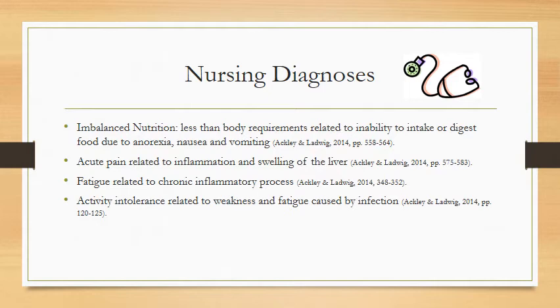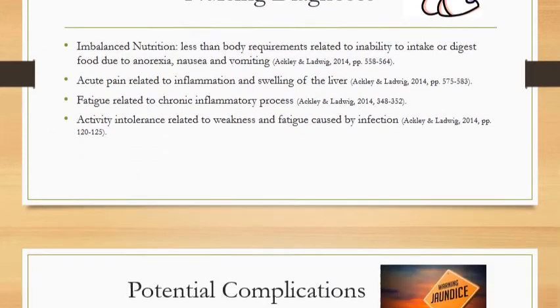Another one is fatigue related to chronic inflammatory processes, which happens with a lot of people with hepatitis. A fourth one is activity intolerance related to weakness and fatigue caused by infection, which is closely related to the one before, because people with hepatitis often are fatigued and have a really difficult time having energy to carry out their activities of daily living.